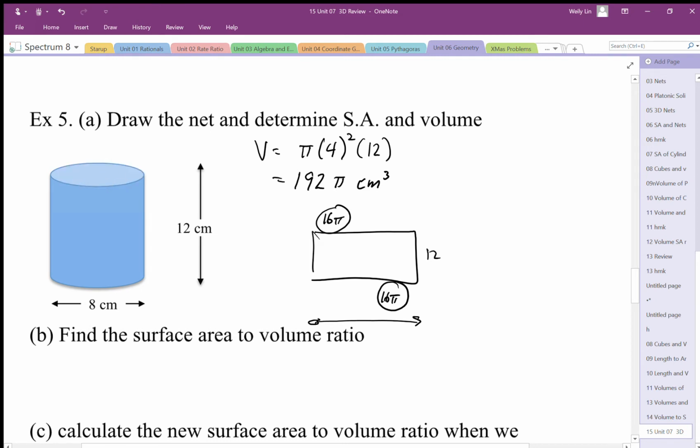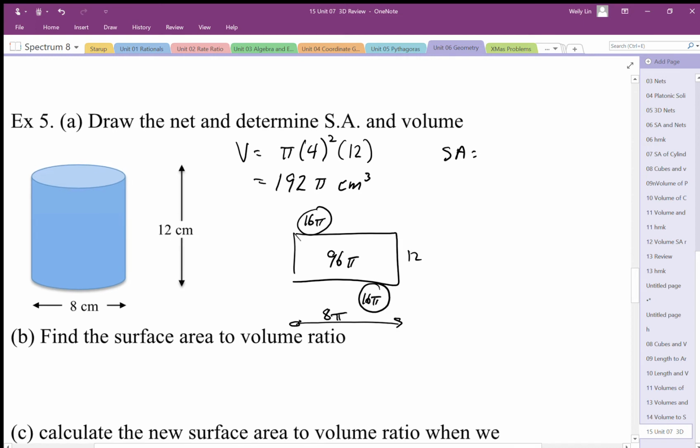So that circumference is the diameter times pi, or 8 pi. So we get 8 times 12, or 96 pi. So then the surface area, just again make sure that you keep this organized, is going to be 96 pi plus 16 plus 16, or 128 pi, and this time it's going to be centimeters squared, because we're talking about surface area.